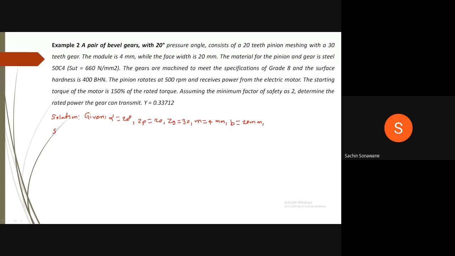Then SUT is equal to 660 Newton per mm square. Then grade 8 is there. Then BHN they have provided, BHN is equal to 400. Speed of pinion 500 rpm.